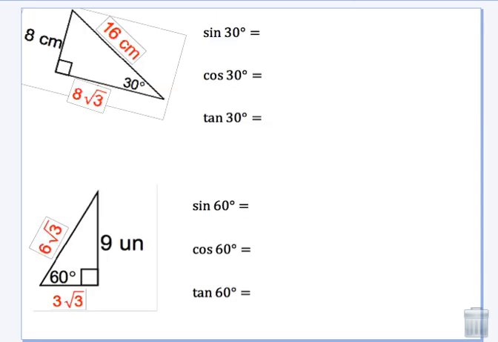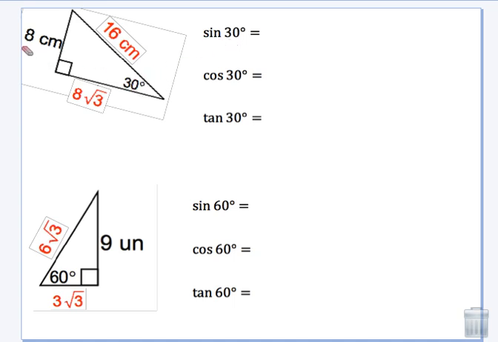Okay, let's see. Back to our original examples. I'll try to make this quick. Remember how I said I would prove that the proportions are always going to be the way that I set them up? So let's look at these again. My angle is 30 degrees, so I want to find the sine of 30.